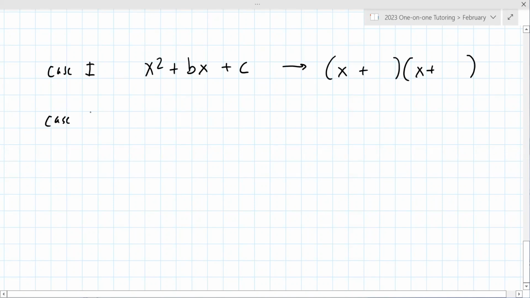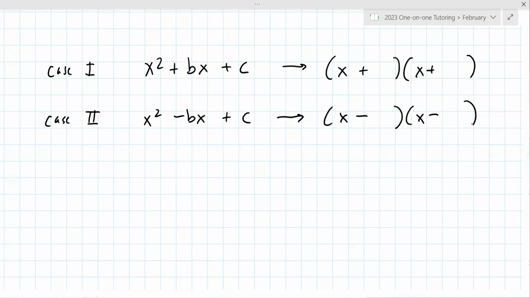Then the second case, x squared minus bx plus c, always becomes x minus something, x minus something. And that's what we've done thus far, all of those in this worksheet. Do you think that's clear? As clear as it can be.